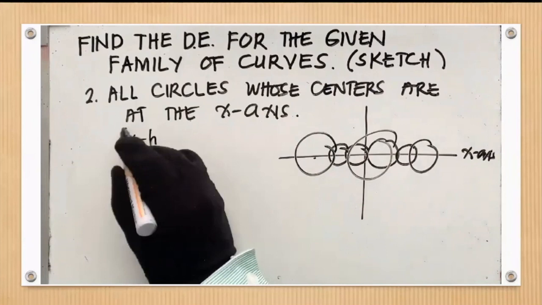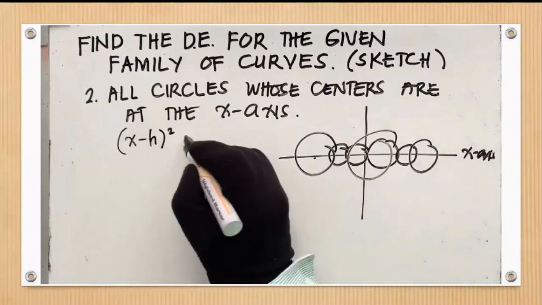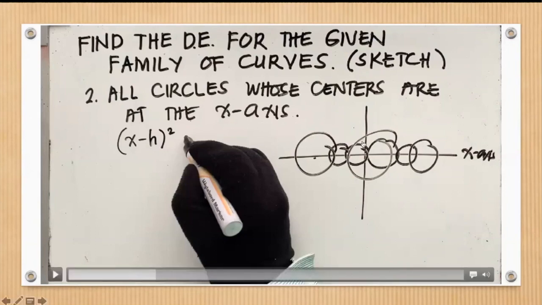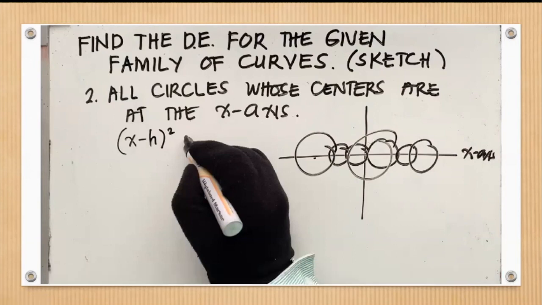Okay? So, another variation for this one is pwedeng tangent yung mga circles na yan. At another variation is, yung lahat ng circle na yan are of the same radius. So, pwede magkapareho sila ng size. Pero dito, iba-iba. So, one parameter to consider here is the radius.